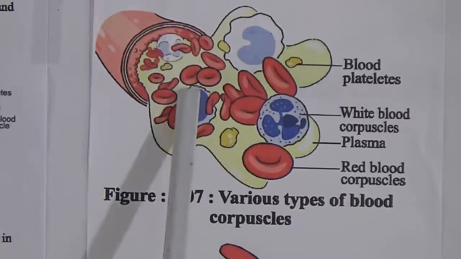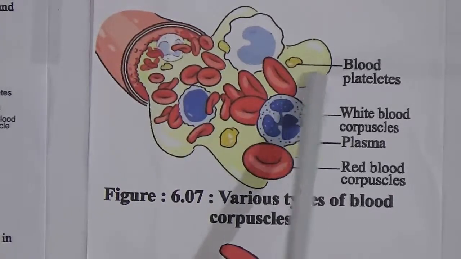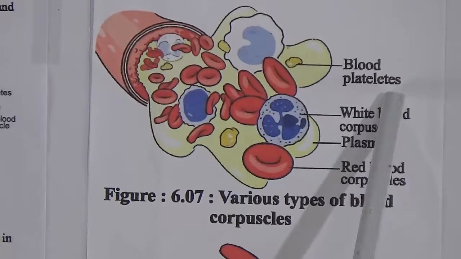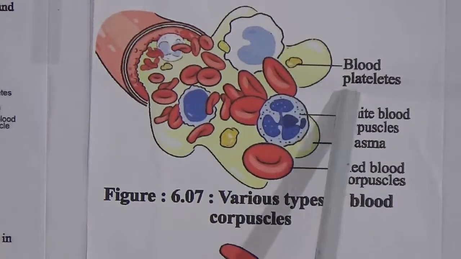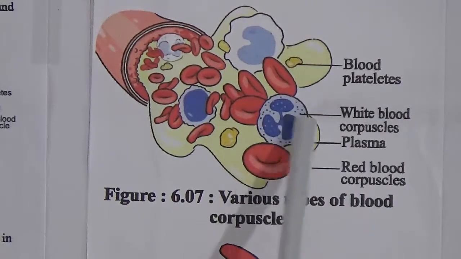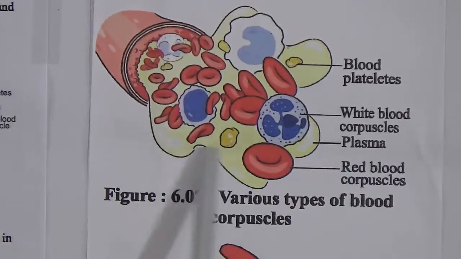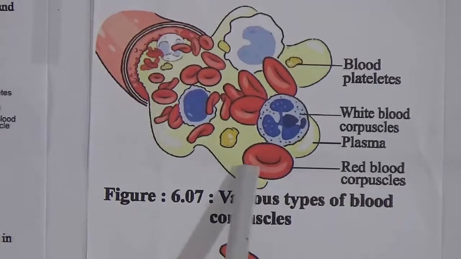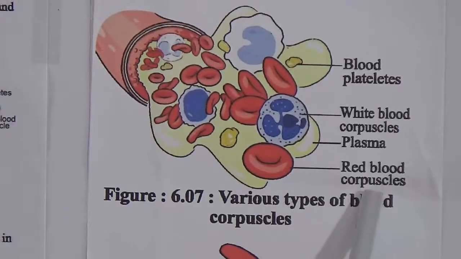In the vein, here is blood and these are blood platelets. This is one kind of blood corpuscles and next one is white blood corpuscles, and this is plasma, fluid-like. This is plasma and this is red blood corpuscles.